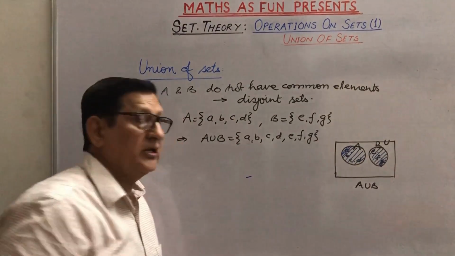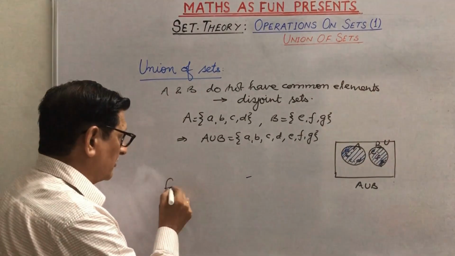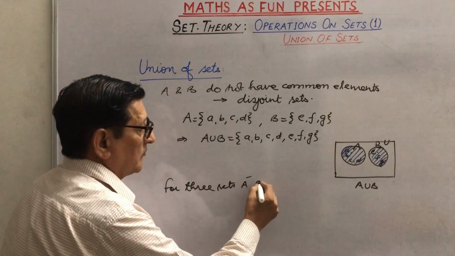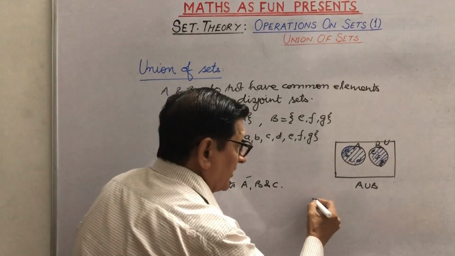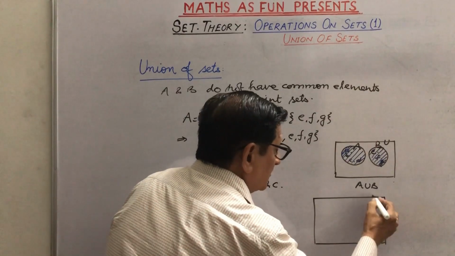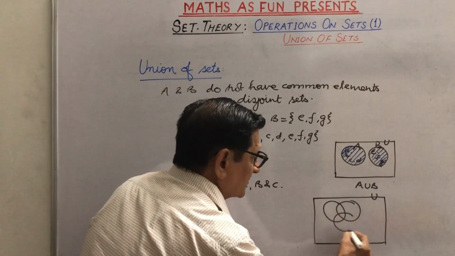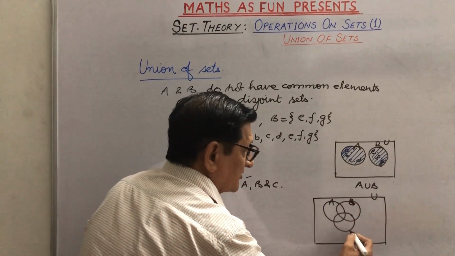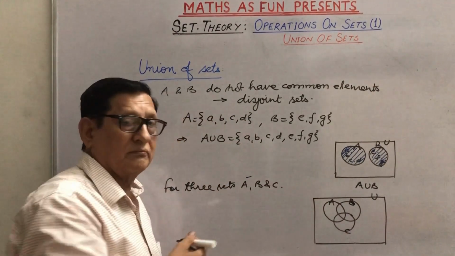And if there are any three sets A, B, C, for three sets A, B and C, the Venn diagram will be here. This is the universal set U. This is suppose set A, this is B and this is C. We know how to write the elements of them.